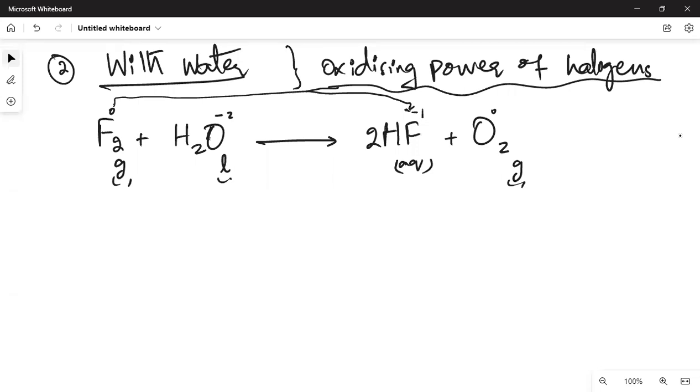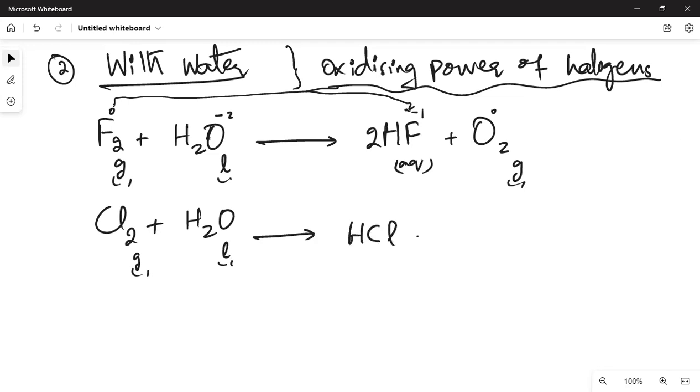But when we react chlorine with water, you must remember this reaction from redox. When chlorine reacts with water, it makes hydrochloric acid and hypochlorous acid, HClO. Because of water, they're all aqueous.